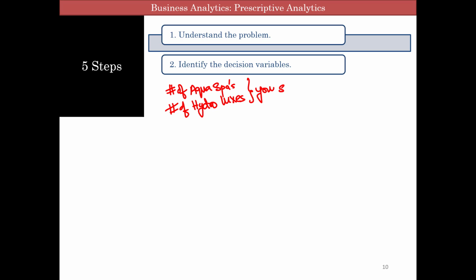This is basically what you need to decide in this problem.